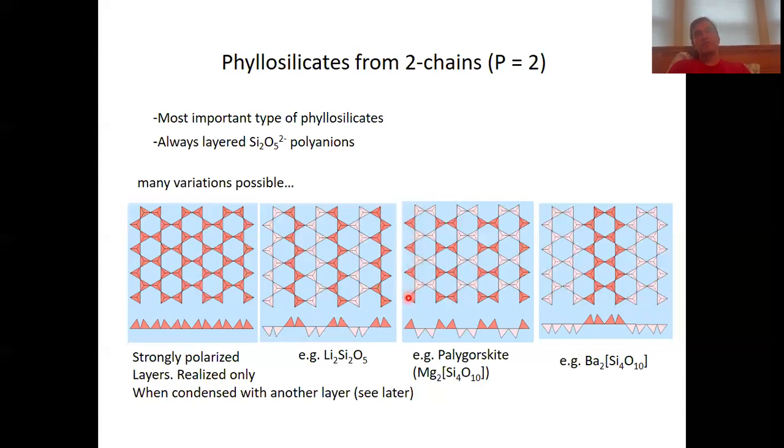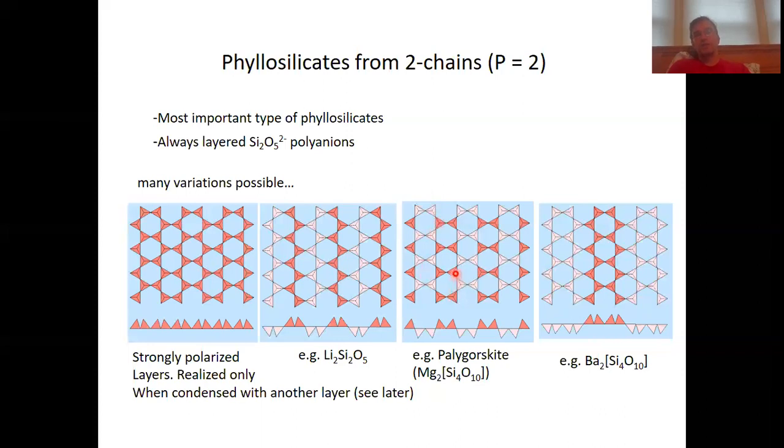And then multiple of these chains are interconnected to form these sheets here. So here the second chain, again made of tetrahedra alternatingly pointing up and down.